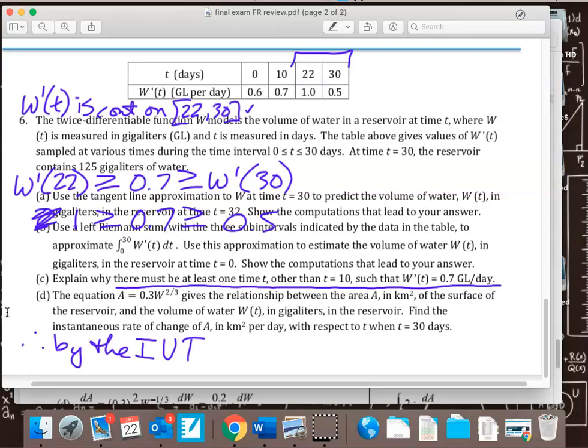That's MVT. Rolle's, which is just a special case of MVT, says that if your function's continuous on the closed, differentiable on the open, and your y values at the endpoints are the same, that means your average rate of change is 0. So somewhere in there, your derivative has to equal 0, right? Your instantaneous rate of change has to equal 0.